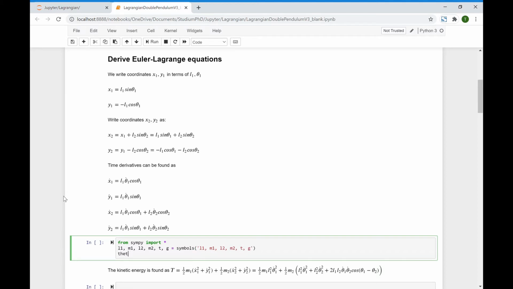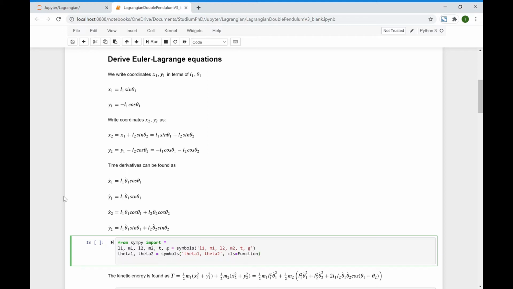And we've got also θ1 and θ2, which will be defined as functions because they are the functions of time t. And we add this line to enable the printing.